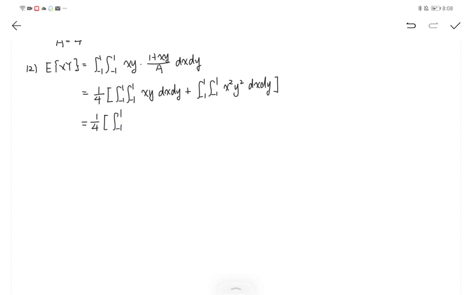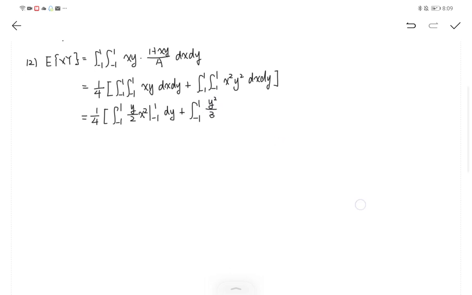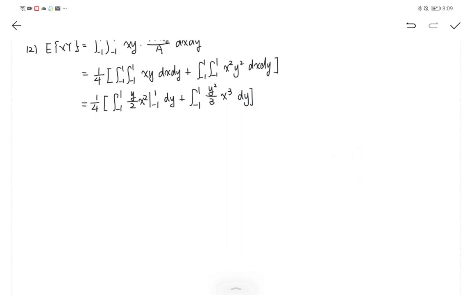For the first part, it equals y/2 times x to the power 2 from -1 to 1 dy, plus for the second part, y to the power 2 over 3 multiplied by x to the power 3 from -1 to 1, dy.